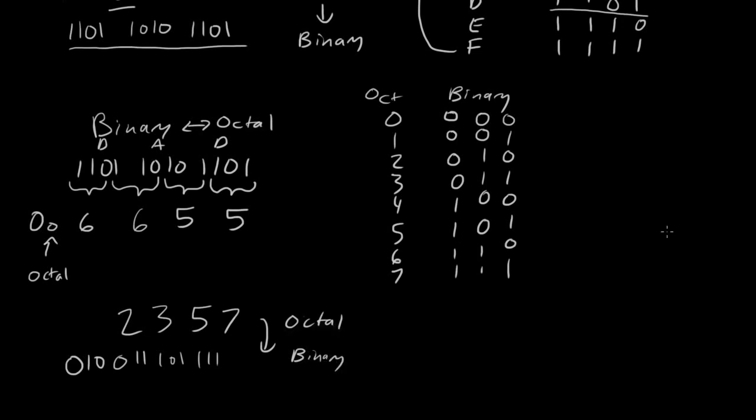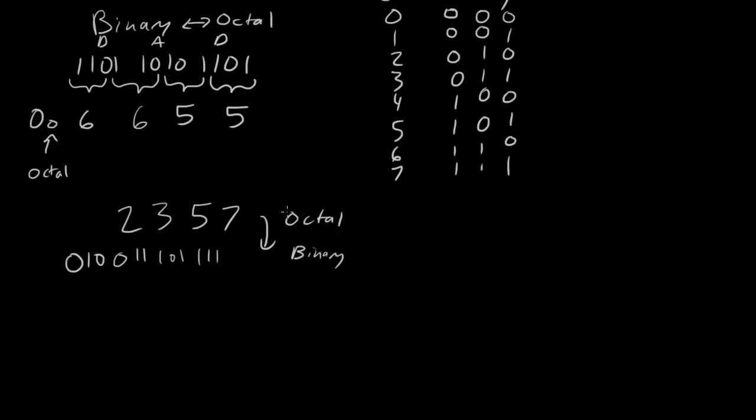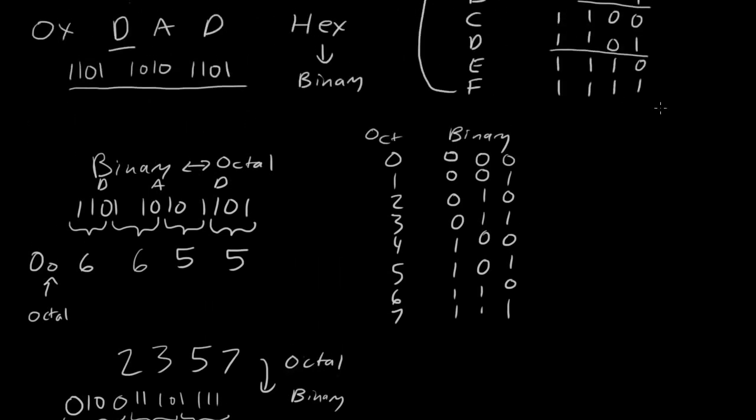So suppose what I want to do is convert this now into hex. So I would look at this 4 bits at a time. Now I don't have my table in front of me, so this is going to be a little more challenging. So 1, 2, 3, 4. Now I happen to know this is going to be F. The reason I can say that is this is going to be all ones. So if I go back to my table over here, F is going to be all ones.